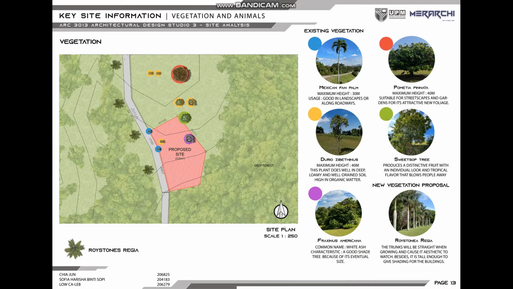For vegetation, existing trees are Mexican fan palm, Pongamia pinnata, Durio zibethinus, which is the durian tree, sweet soap tree, Fraxinus americana, and Roystonea regia. So the new vegetation proposal is Roystonea regia.